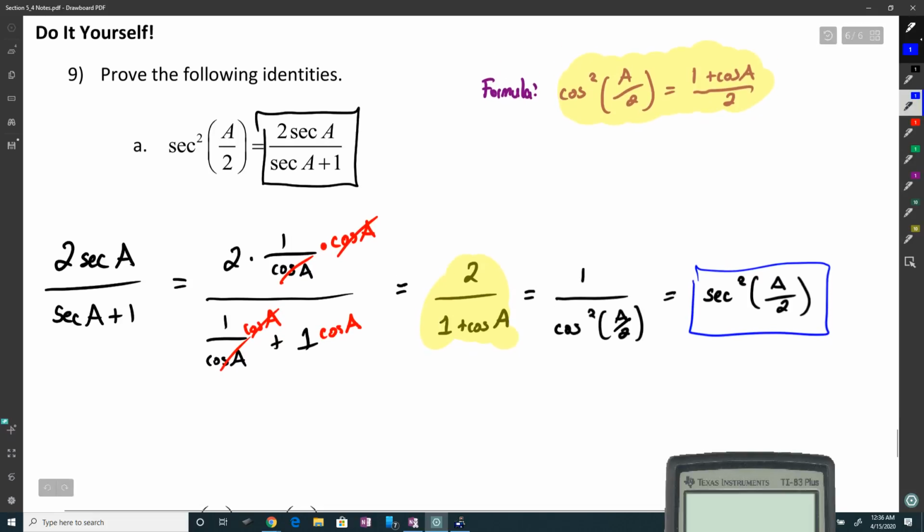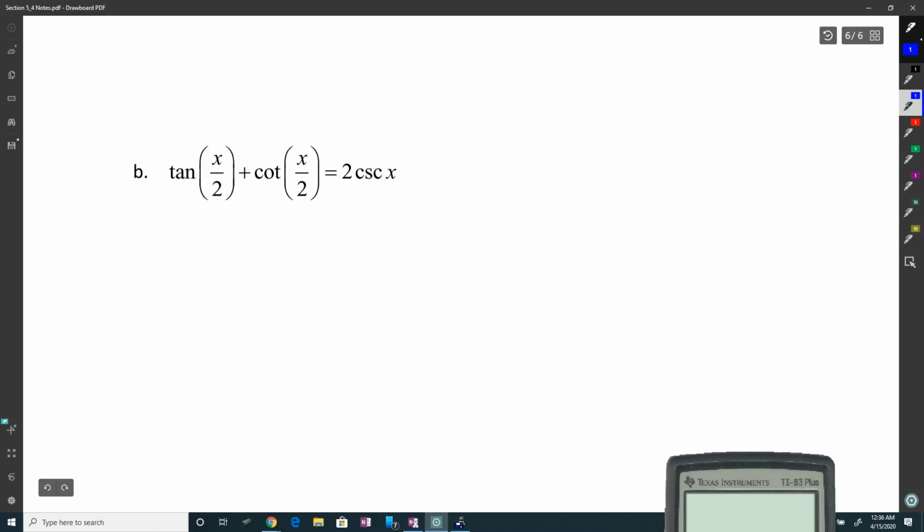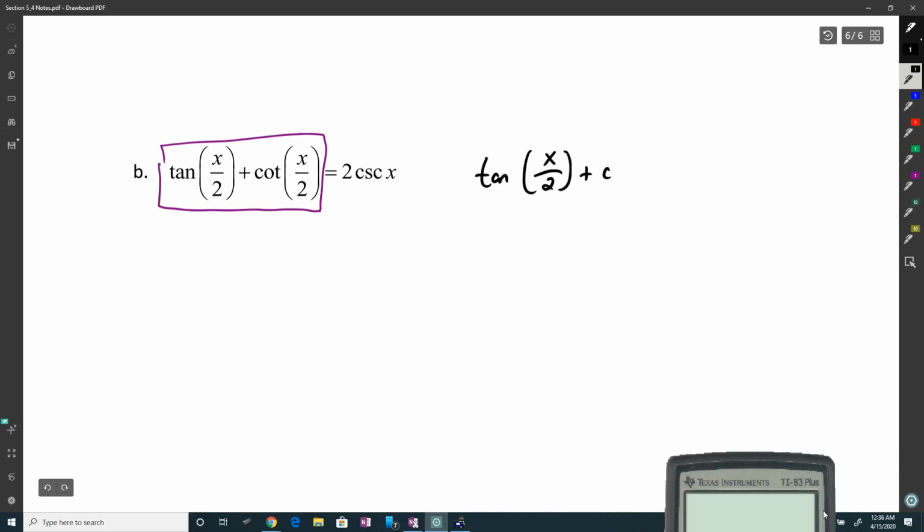All right, number 10. Tangent plus cotangent equals 2 cosecant. So I'm going to work with the more complicated side. And I have tangent of x over 2 plus cotangent of x over 2.